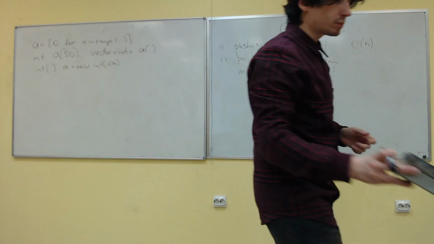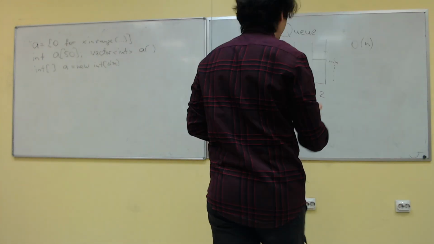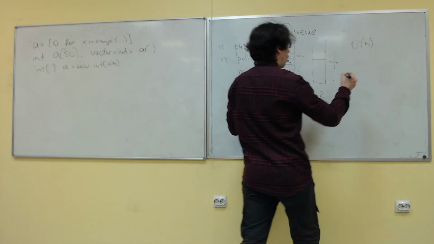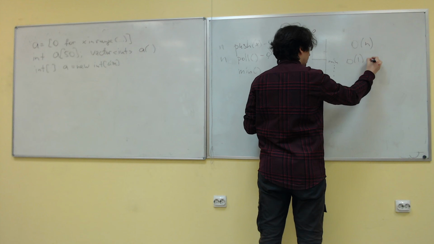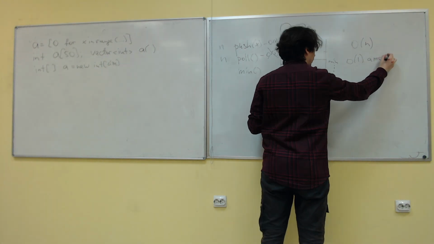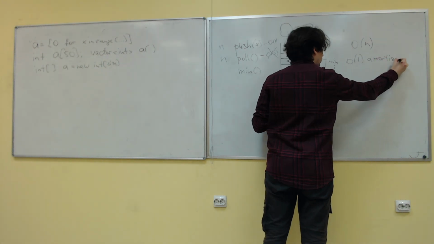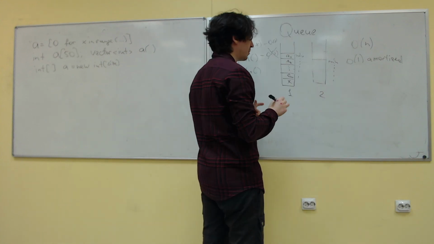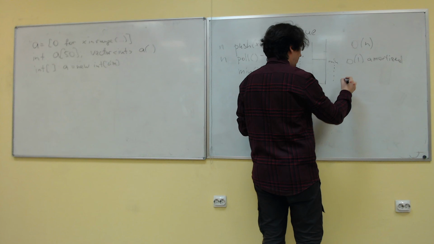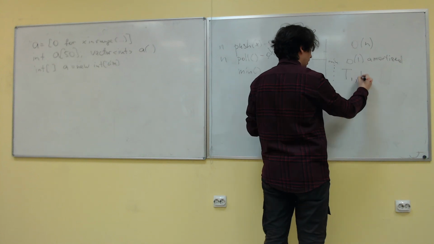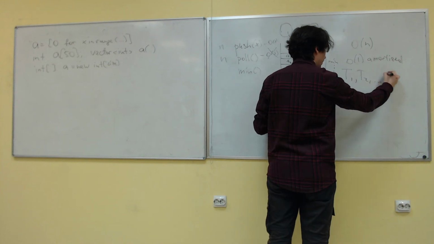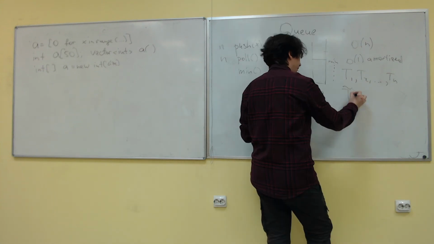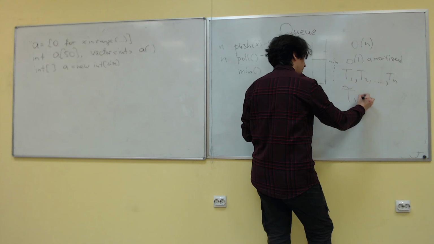So what does it mean? It means that it is not O of 1, but it is O of 1 amortized time. What does it mean, amortized time? Suppose the operations are taking times t1, t2, up to tn. Amortized time is like this wavy time.